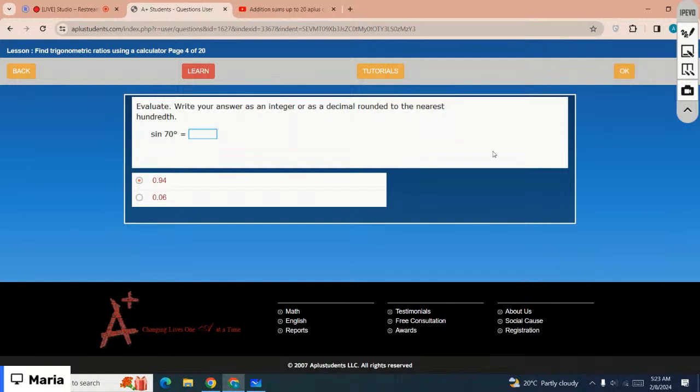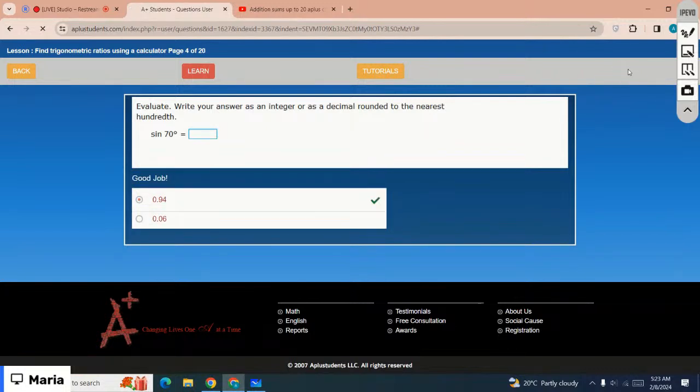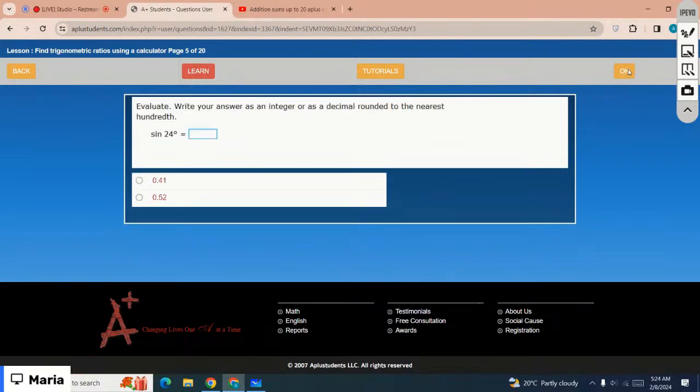Option number 1 is the correct option. Sin 24, which is the correct option?